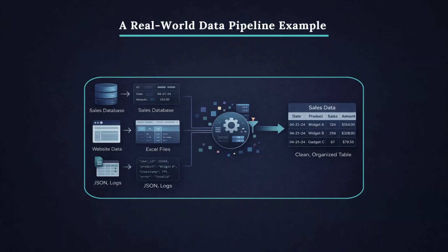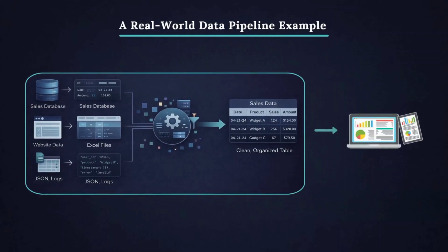After that, the data is combined into a single clean table. Then that clean table feeds the dashboards and reports so that the teams can track their performance and make decisions based on that. So this is exactly how a data pipeline works in the real world, by turning messy, scattered data in different formats into something useful.